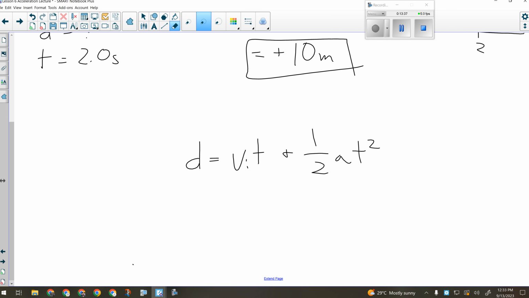What if I want to manipulate for A? What should I move first? Okay, Chris? VI times T. Right, subtract VI times T over to this side. Okay, how do I get A by itself?